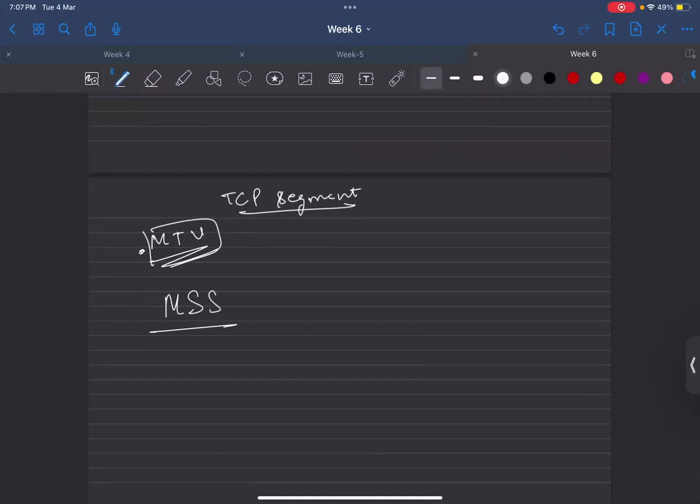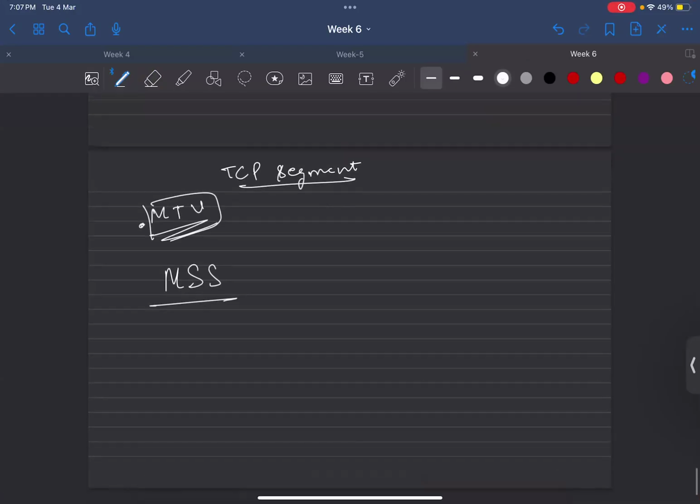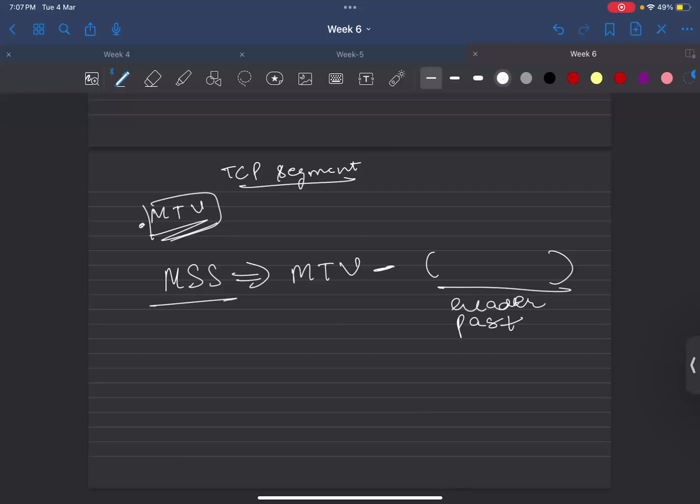Maybe when I get to the network layer, I can explain. There's a basic difference only.